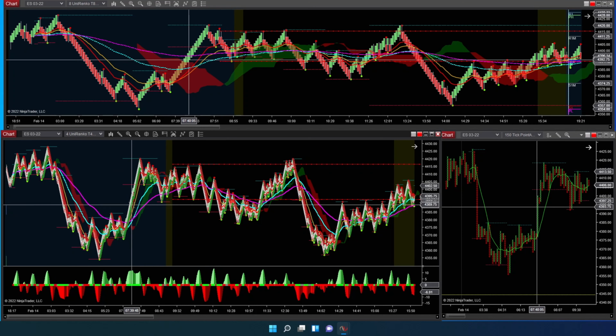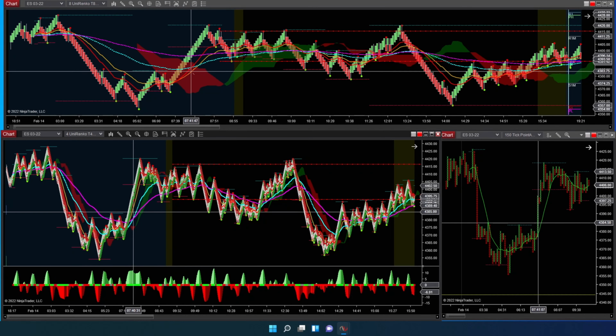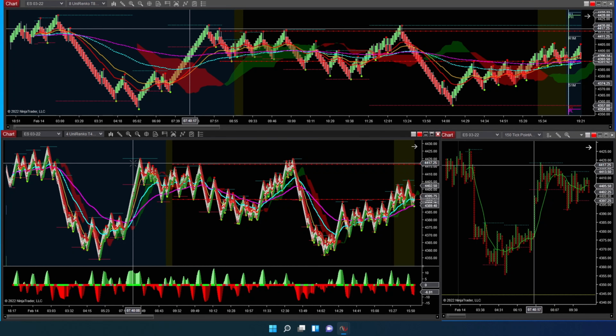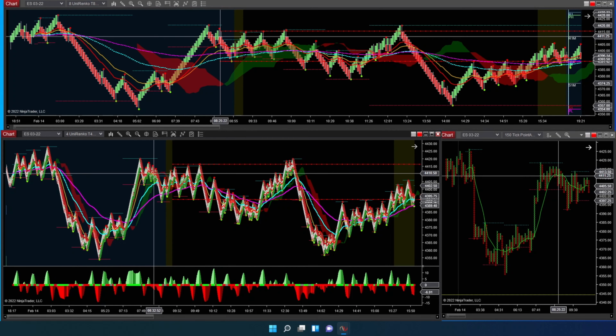So I didn't feel comfortable taking it, thinking that the market at any point could move down. It didn't. It found some resistance at this level here at 44.15, 44.20, and then came back.